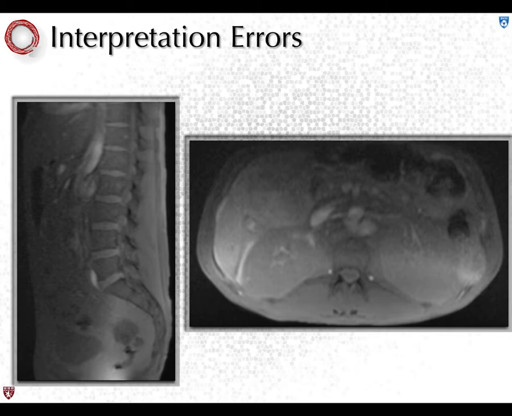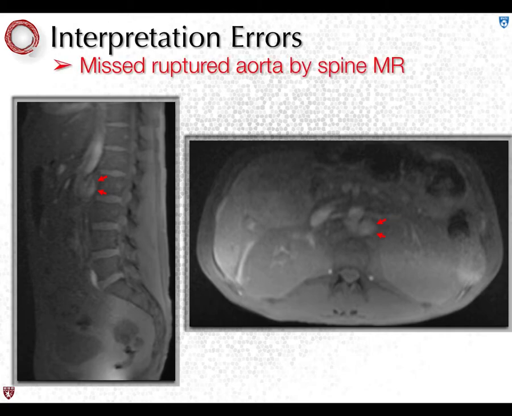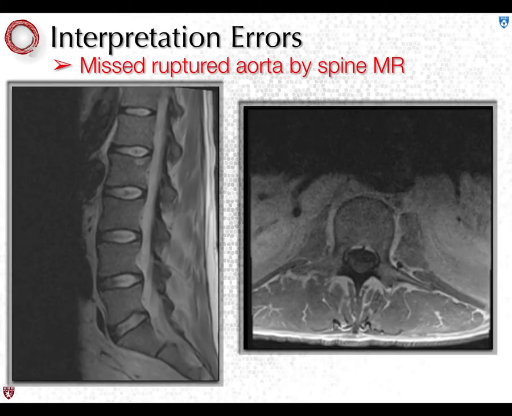Missed ruptured aorta on the spine MR. These were the images from the spine MR. So notice the saturation band.